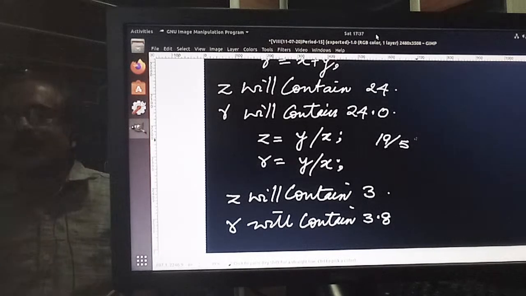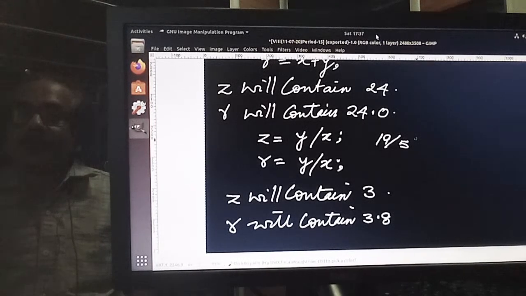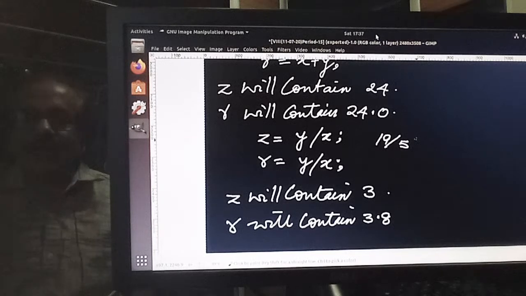So 3 is coming. But when you are dividing y by x, it is expected that the result will come as 3.8, as R is a double type value, double type data.